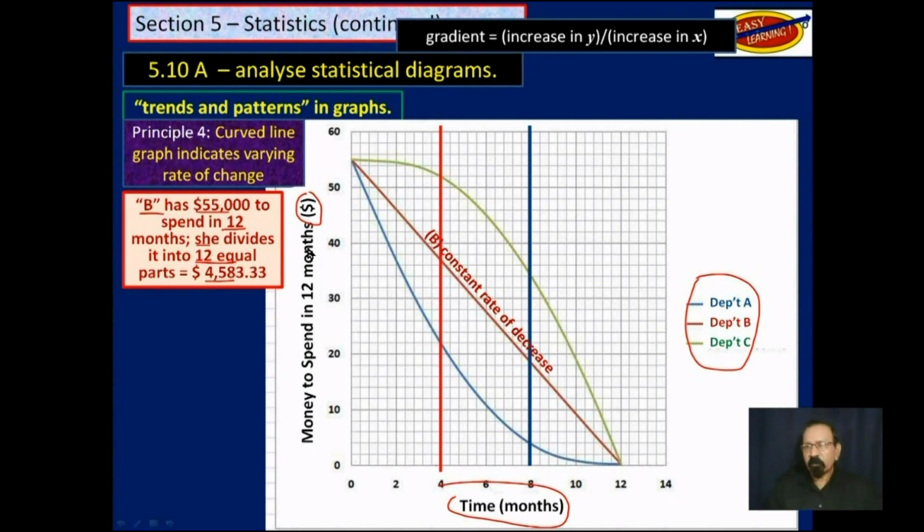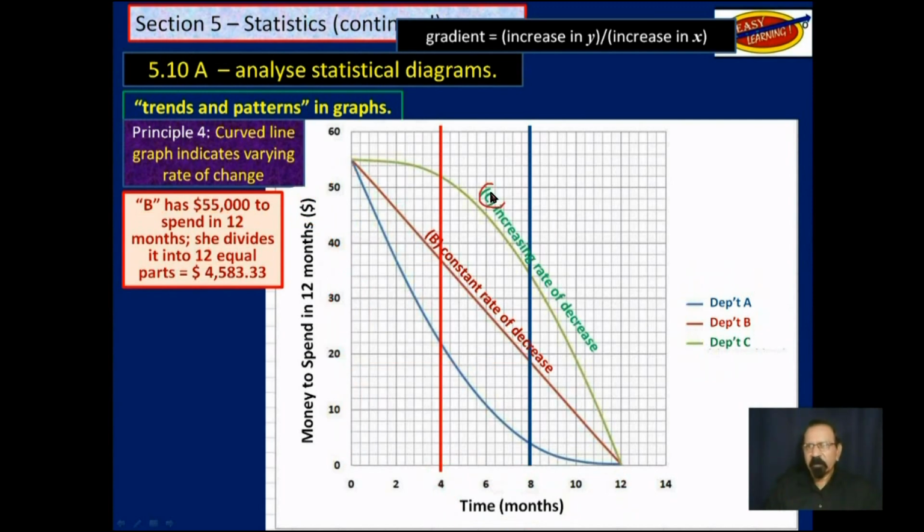So in the first 4 months, that person would have spent that amount. In the next 4 months, that person would have spent that same amount. And in the last 4 months, the same amount, which works out to the same amount per month. So a constant rate of decrease.